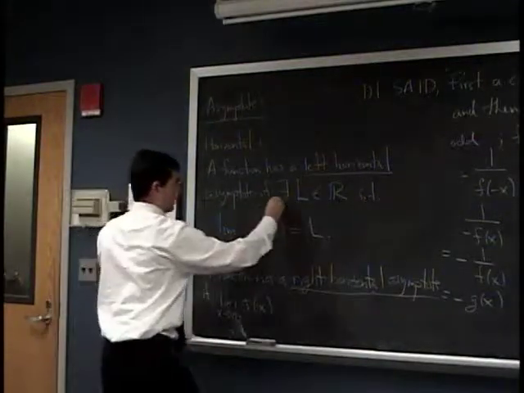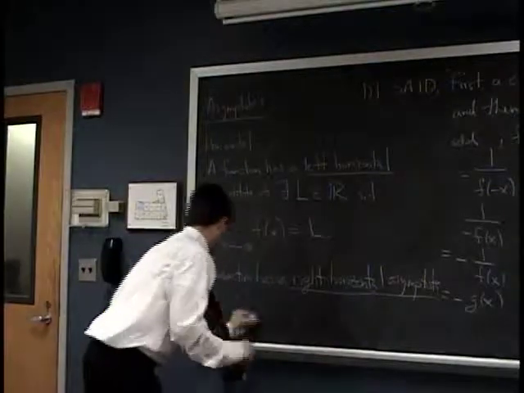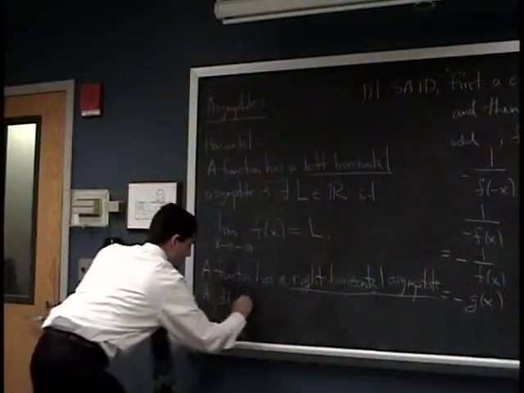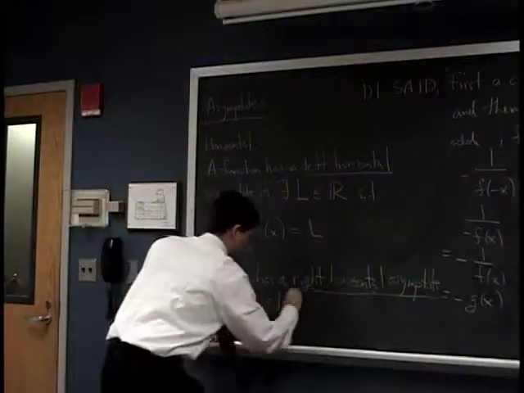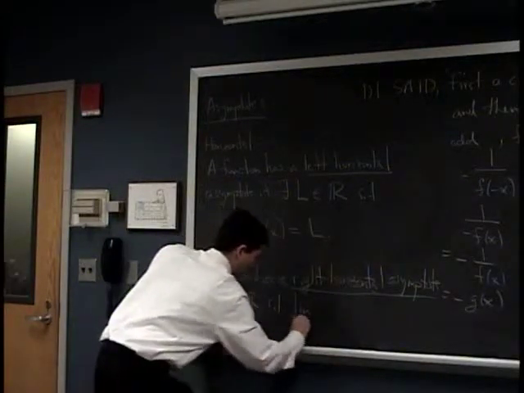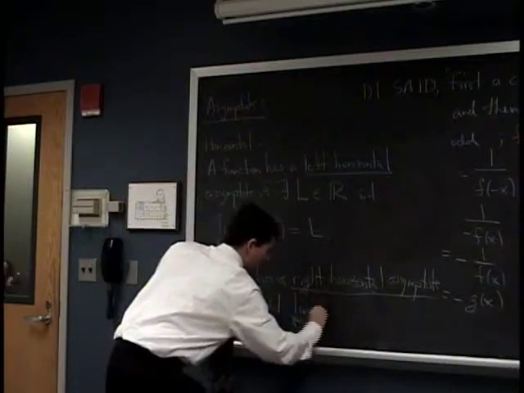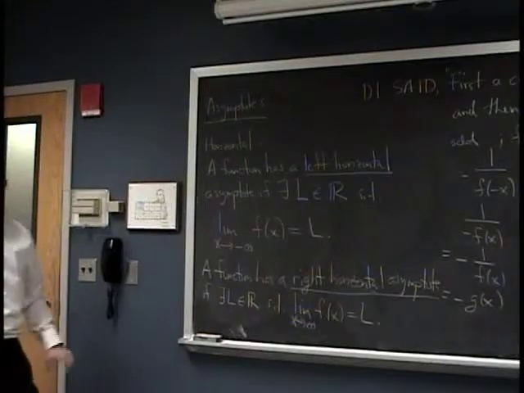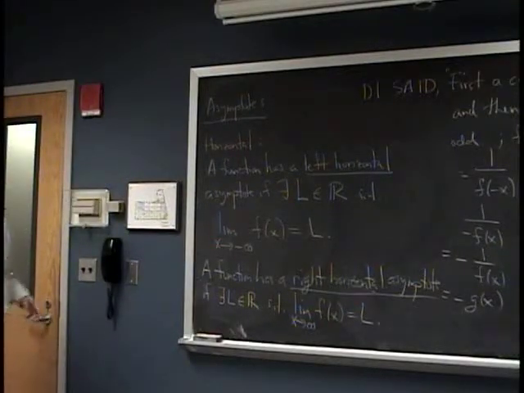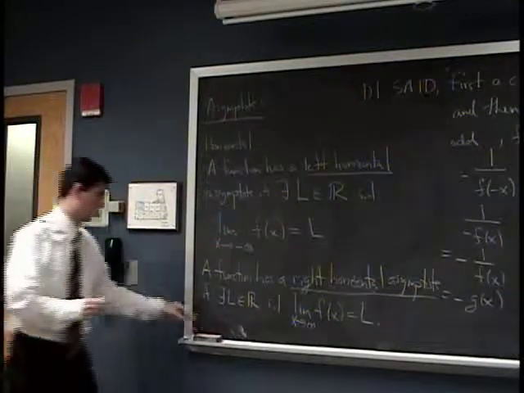So if there exists a real number L such that the limit as x goes to infinity of f of x equals L. Okay, so this tells you what they are formally.